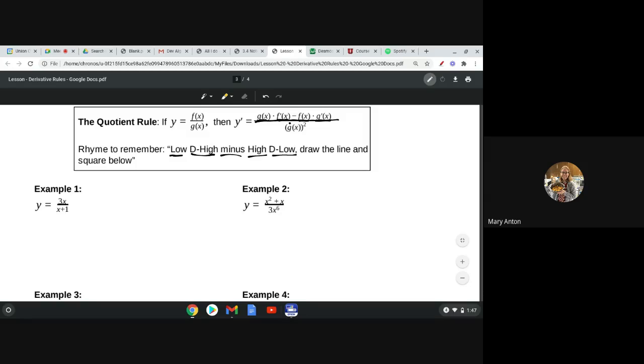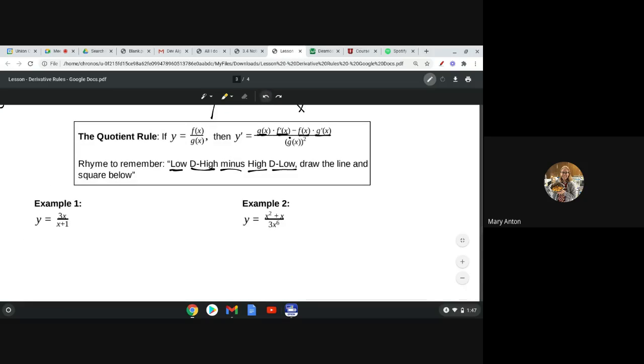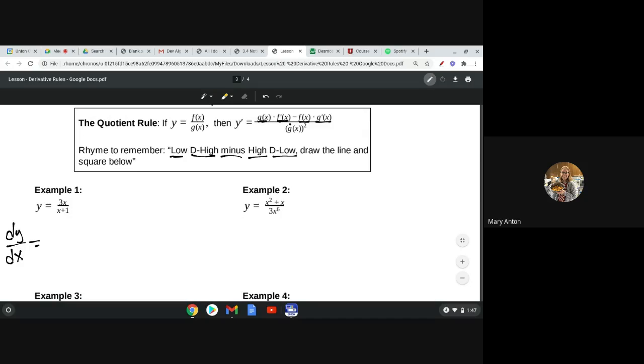Let's do this. Okay, 3x over x plus 1. What do we do? What's the derivative? I'm going to write dy dx this time. All right, low, what's our denominator function? X plus 1.